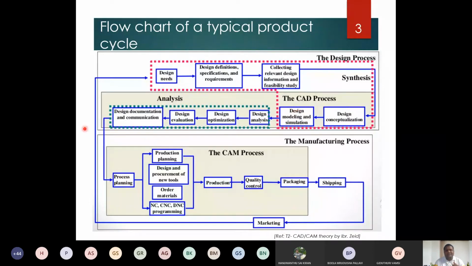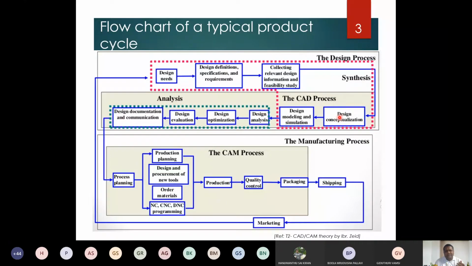If you look at all the six phases, in every phase the users or the engineers work with some kind of 3D model. A 3D model can be represented in different ways, which we will discuss later in the subsequent topics.